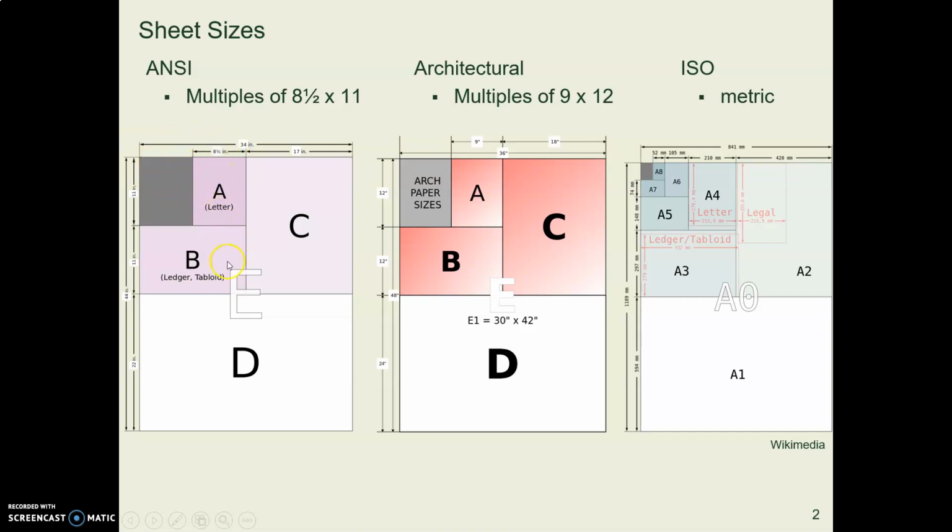And that is what you call a B size. A B size is just two A size sheets stuck together. If you took 4 of those B size sheets and stuck them together, you'd get a D size sheet. So the smallest sheet is an A, next size sheet is a B, and the sizes go up from there.